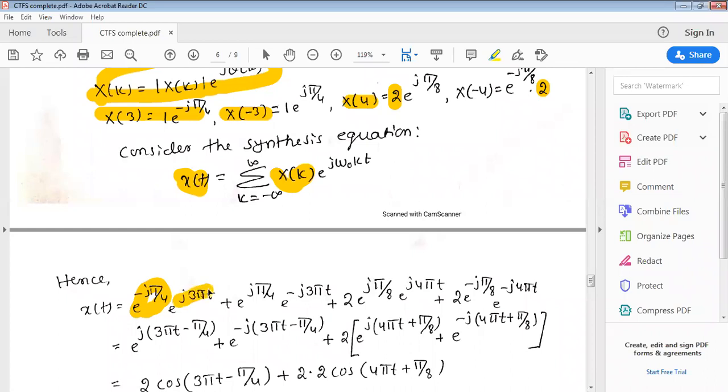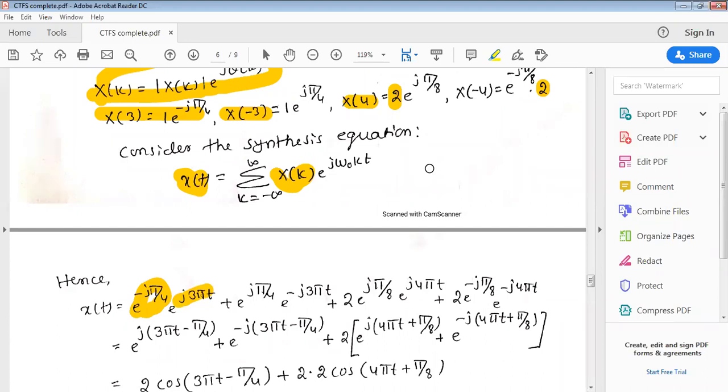This I have written. Now give the values k equal to +4, -4, +3, -3 in this equation. That's what I'm doing. Have you followed this step? Any doubt here?